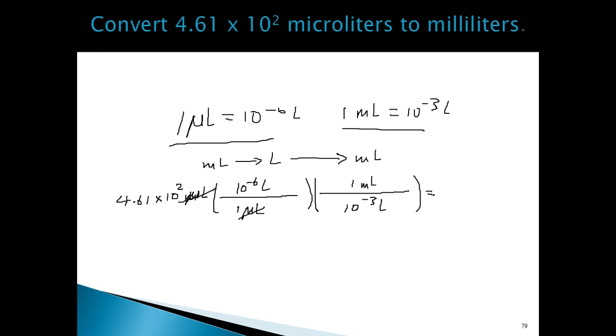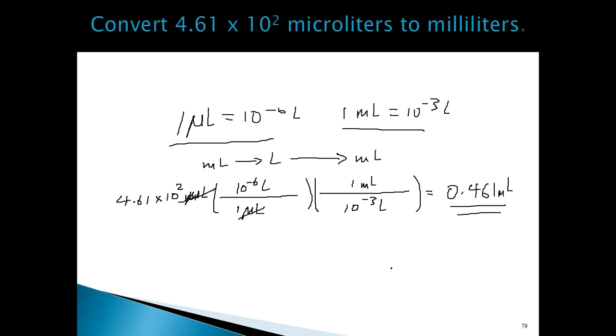So let me take out my calculator. 4.61 times 10 to the 2 times 10 to the minus 6 divided by 10 to the minus 3, and according to my calculation this works out to be equal to 0.461 milliliters, and that's how you do that. So in this case it's a bit more complicated. You'd have to use two conversion factors in series in order to achieve that conversion.